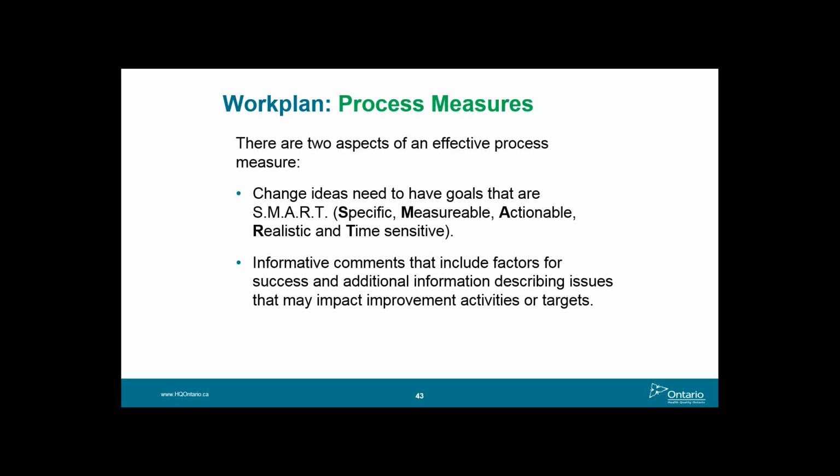And then the comment says that we will be working with the frontline staff to develop actionable fall strategies aimed at reducing falls. Then the number 2 change idea would be looking at specific areas of whatever that plan or strategy is that you've developed, and how you're going to implement it across the system, who's going to do it, when you are going to do it by, and when you are going to complete it by.